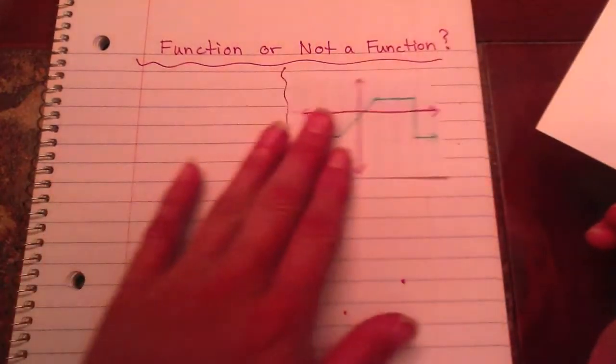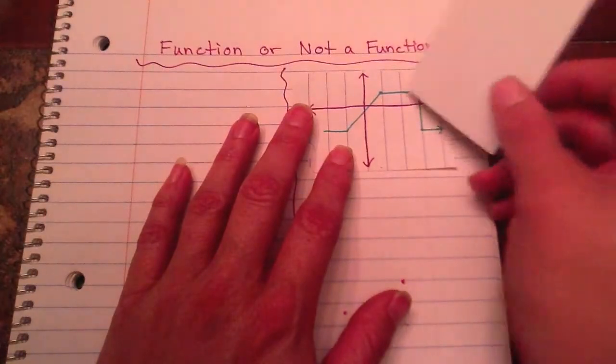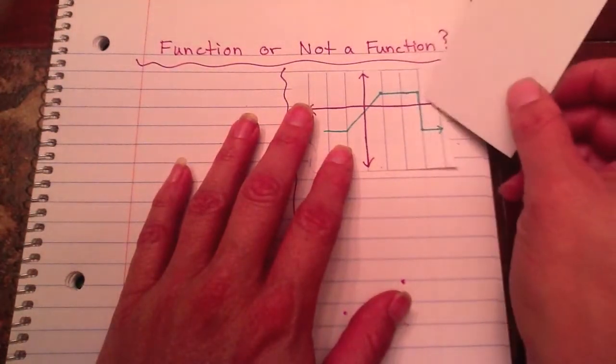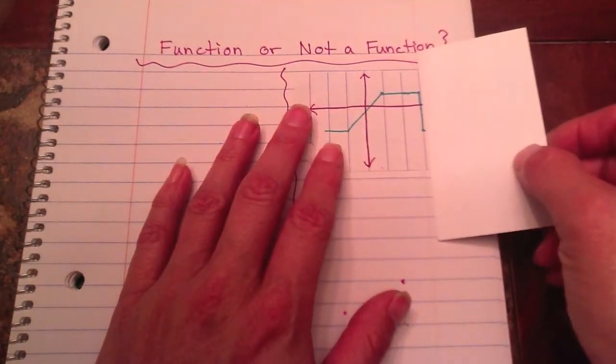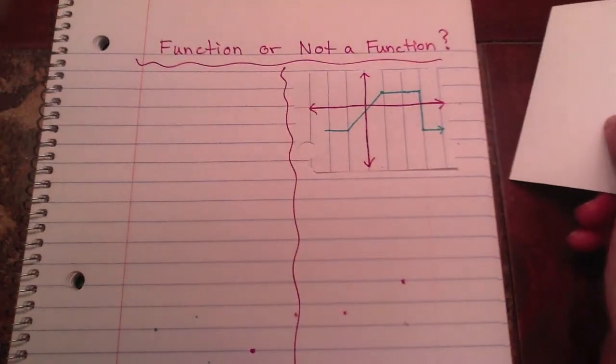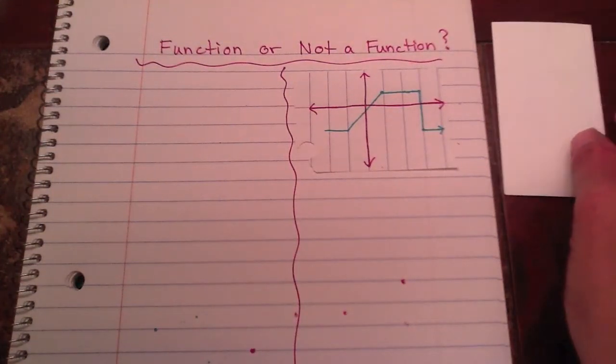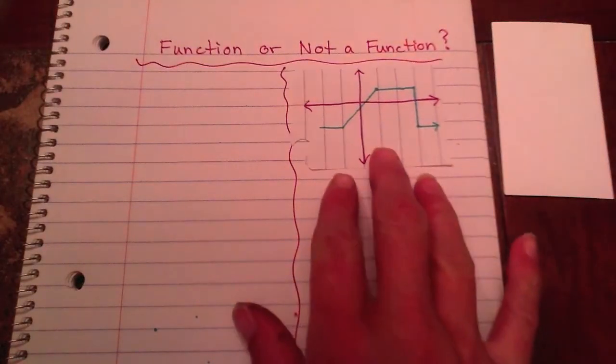So now it's not a function because of that straight line. Not because of the horizontal line, it's the vertical line. Draw something like that in there. And then let's look at the last one.